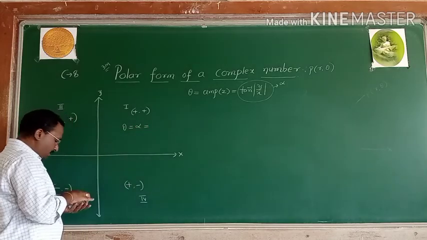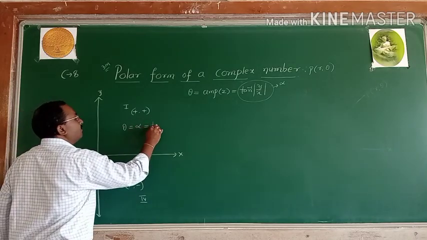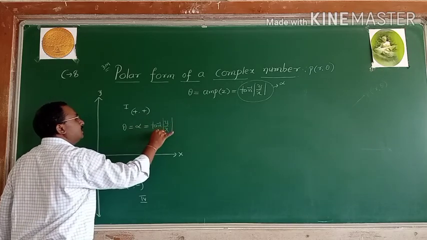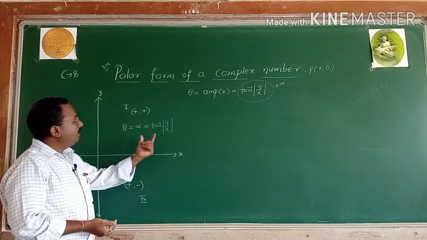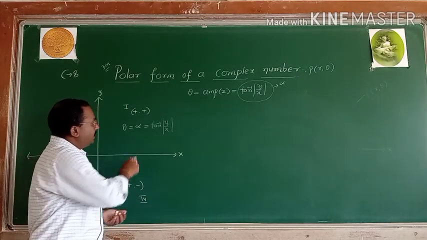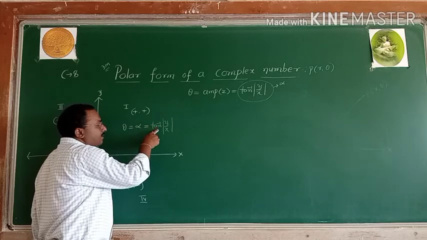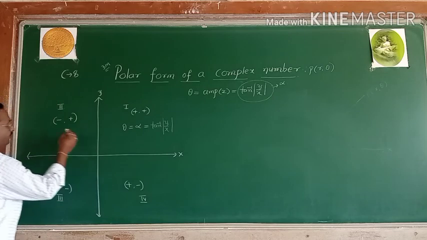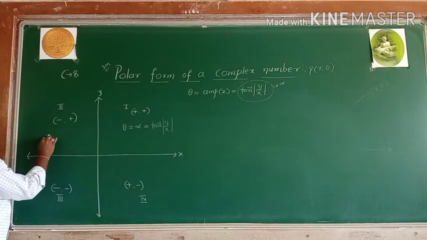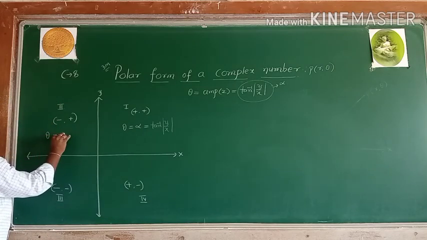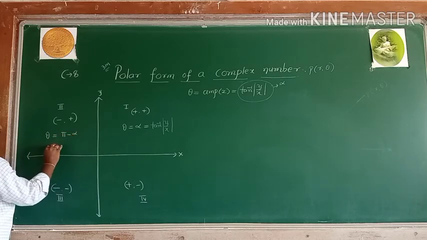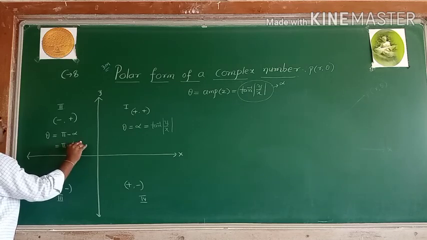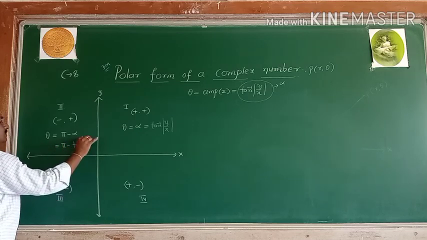Alpha means tan inverse of y by x taking its modulus. Reading this is very important: alpha is equal to tan inverse of y by x and its modulus. In the second quadrant, theta is equal to pi minus alpha, that is pi minus tan inverse y by x and its modulus.